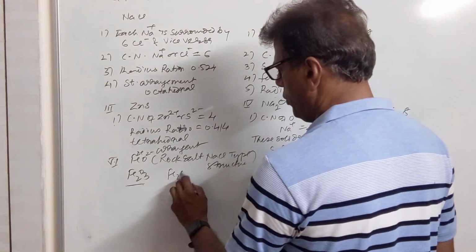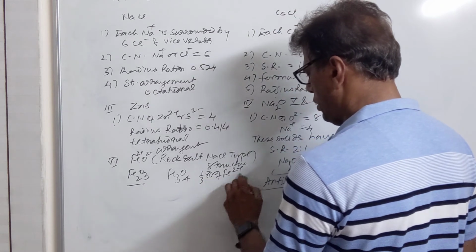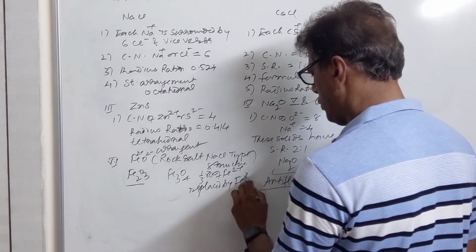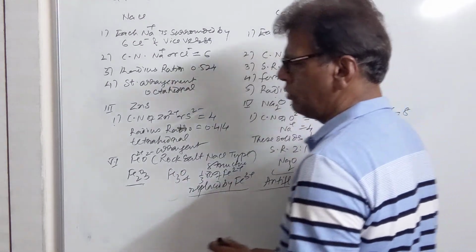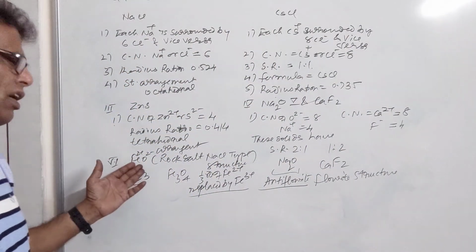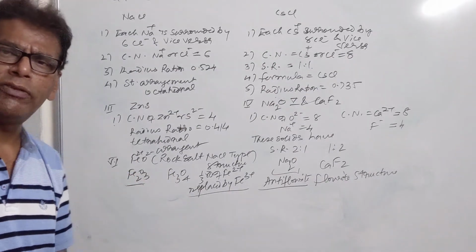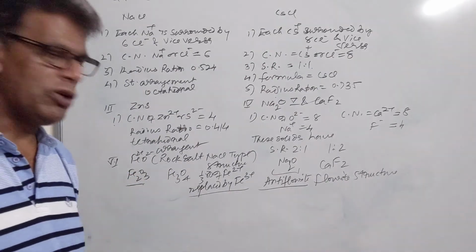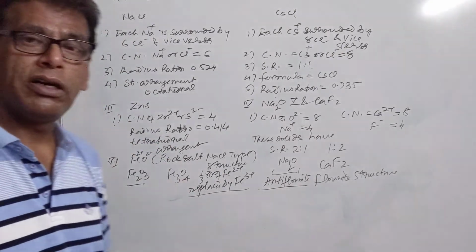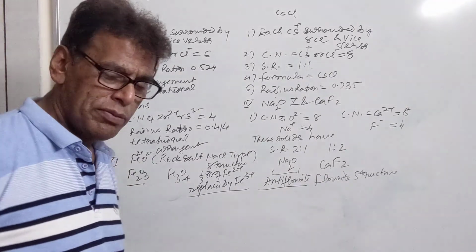And for Fe3O4, 1/3 of the Fe2+ ions are replaced by Fe3+ ions, and we get this structure. So these oxides of iron: FeO is just like NaCl, Fe2O3 can be obtained by replacing 2/3 of the Fe2+ ions by Fe3+ ions, and Fe3O4 can be prepared by replacing 1/3 of the Fe2+ ions with Fe3+ ions.